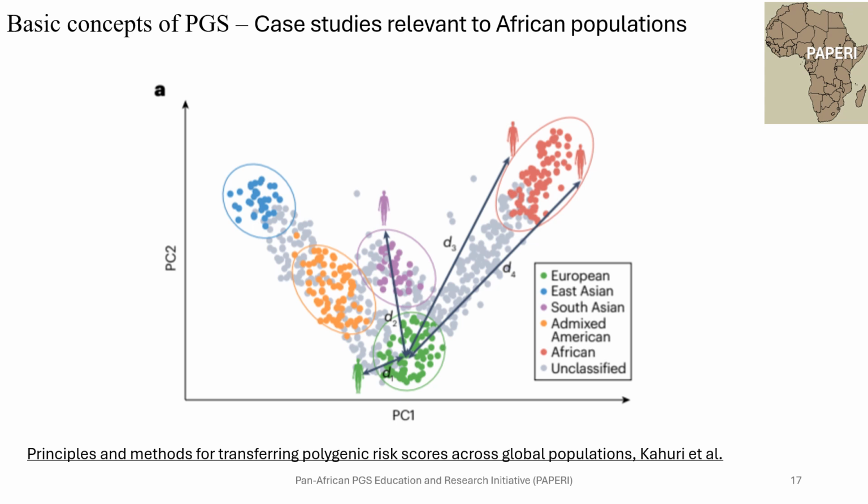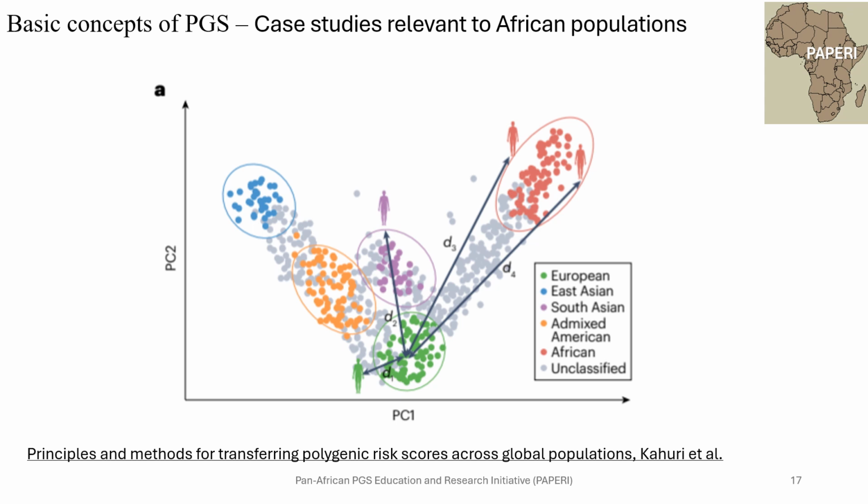But the first thing I would like to mention here is just the genetic similarity or dissimilarity between the population in which a polygenic risk score is developed and a population to which the polygenic risk score is applied. Now, here we have a principal component graph, and this isn't based on real data at all.